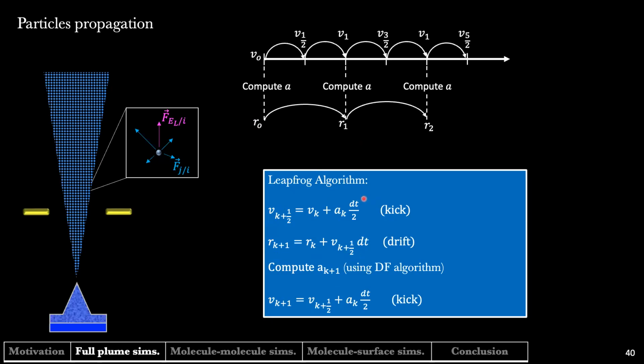And this algorithm is a symplectic integrator, which means that it conserves the phase space of the Hamiltonian. And over long time steps, it conserves the overall energy of the system.